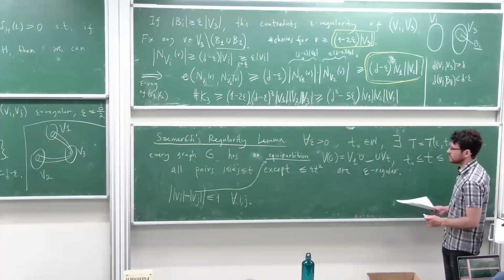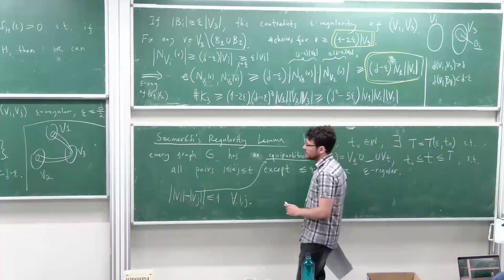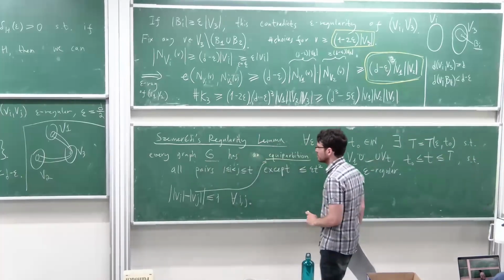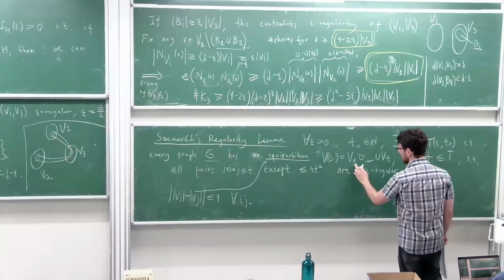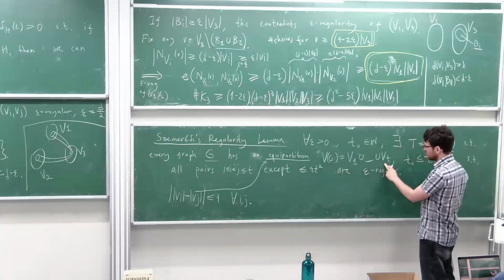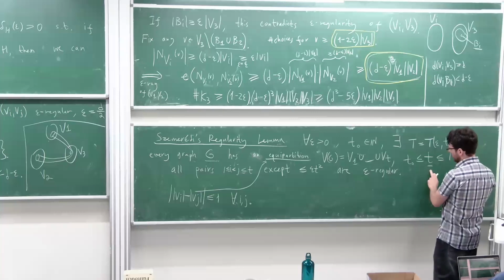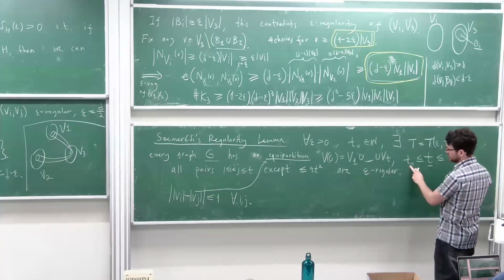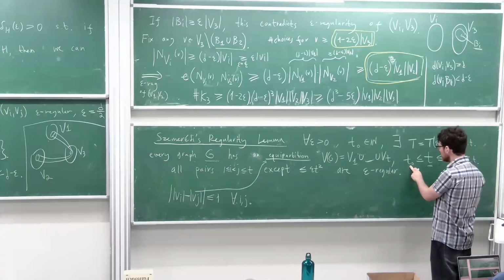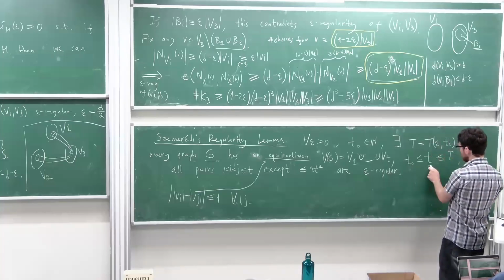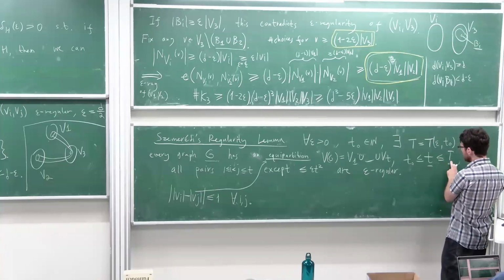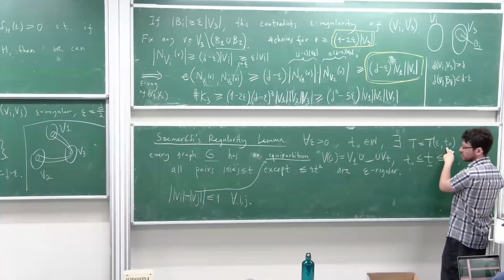Okay, so what is the statement saying? For every graph, we can find a partition of the vertices into t sets, V1 up to Vt, where t, well, we can make t large enough by choosing this parameter t0, that's the point of it. But the main thing is that this t is not larger than the capital T, and the capital T depends only on epsilon.